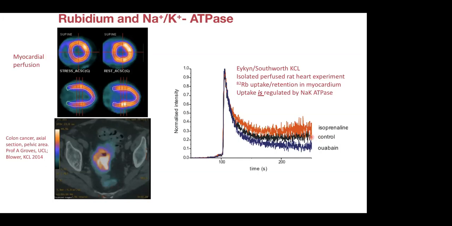And in the control unmodified heart, you see there is initial rubidium-82 flowing through, and then it stabilizes with some trapping of radioactivity in the heart. That trapping can be increased by stimulating the sodium-potassium ATPase with isoprenaline, or reduced by inhibiting the sodium-potassium ATPase with ouabain. So there is an element of measuring these transporter activities with rubidium.